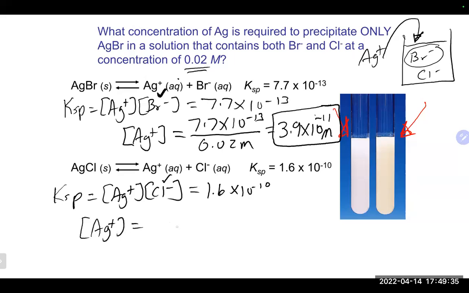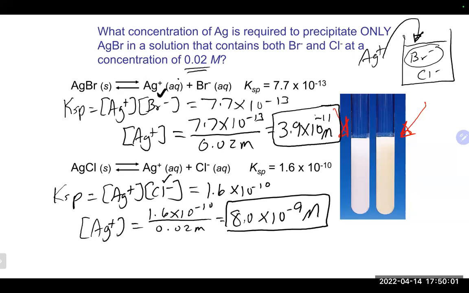Silver here would be 1.6 times 10 to the minus 10 divided by 0.02 molar, and that will get us I believe like 8-ish times 10 to the minus 9 molar, or a bunch of zeros and an 8 at the end on this calculator here.